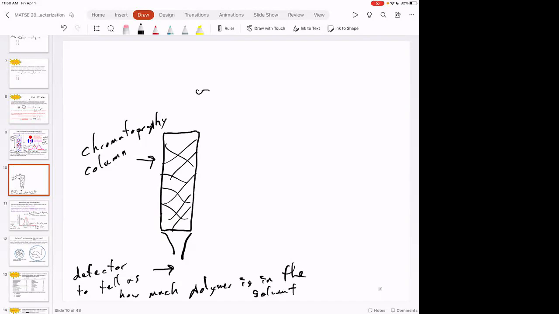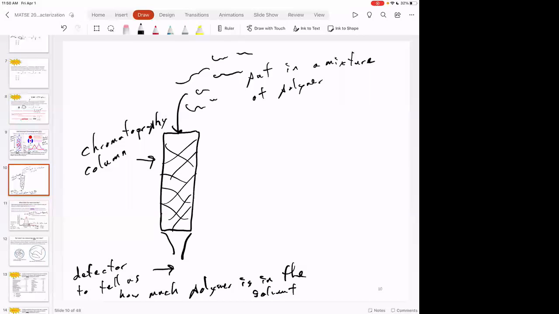And we have a mixture, we put in a mixture of polymer chains in a good solvent.